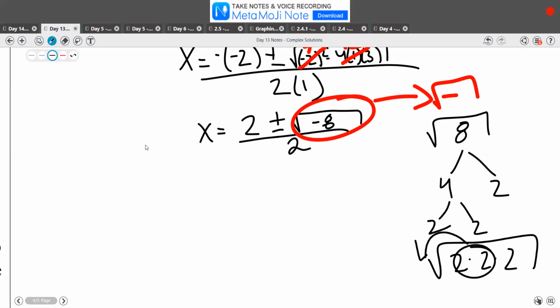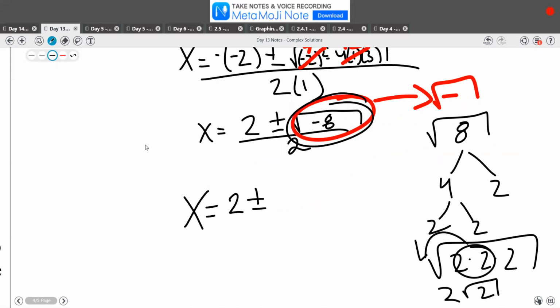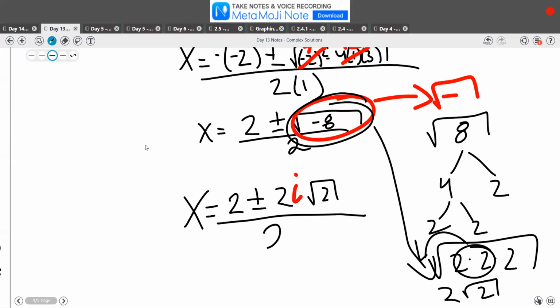There's one pair, so that would be 2 radical 2. But we do have an i. So we will rewrite this as x equals 2 plus or minus 2 radical 2, but remember that the radicand was negative, so we're going to have an i, divided by 2.